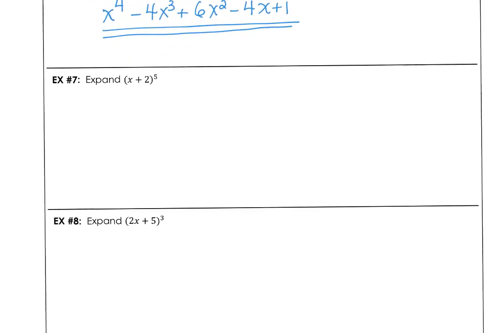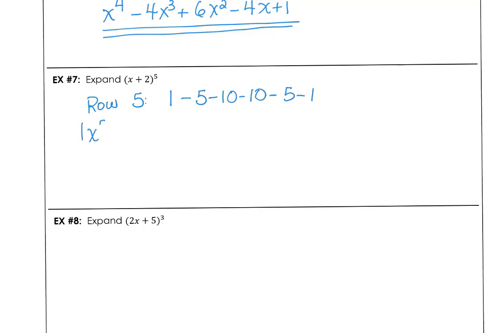In example 7, here's another way to take care of these types of problems. We know that row 5 has the coefficients 1, 5, 10, 10, 5, 1. So we have 1x to the 5th, and then we have 2 to the 0. Then we have 5x to the 4th with 2 to the 1st power.